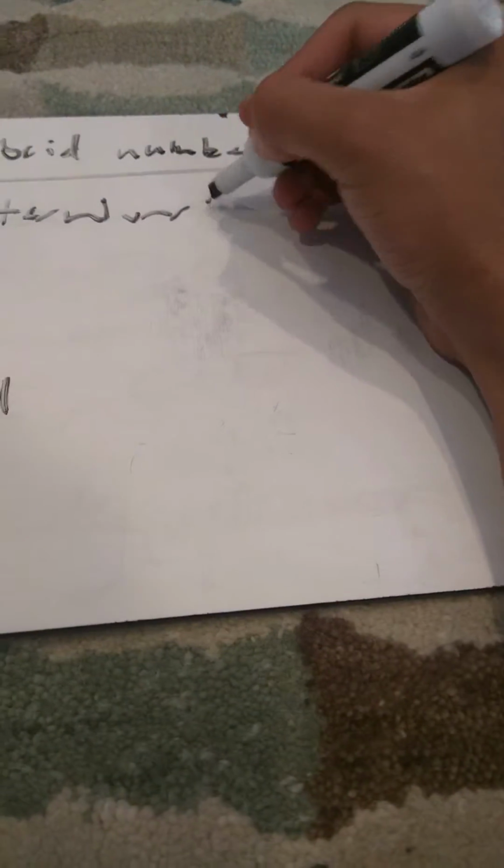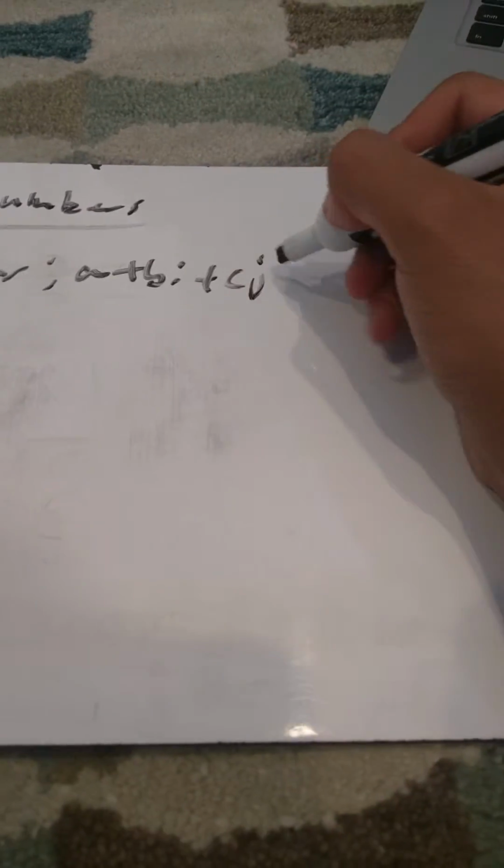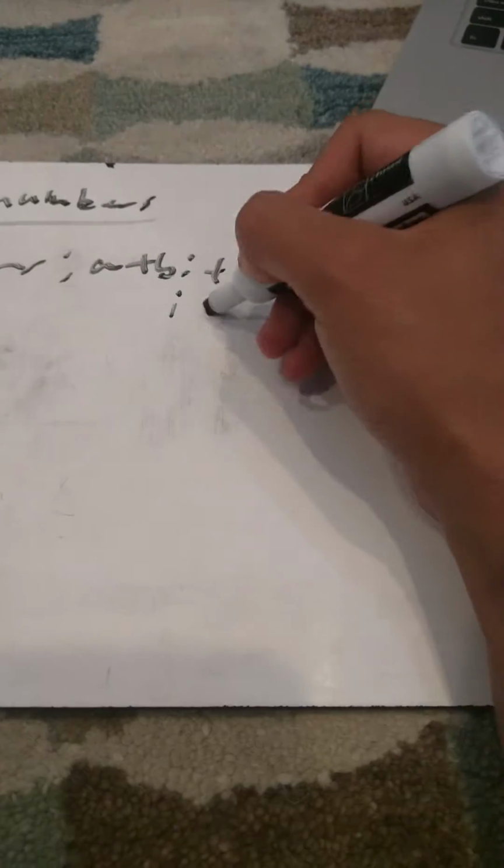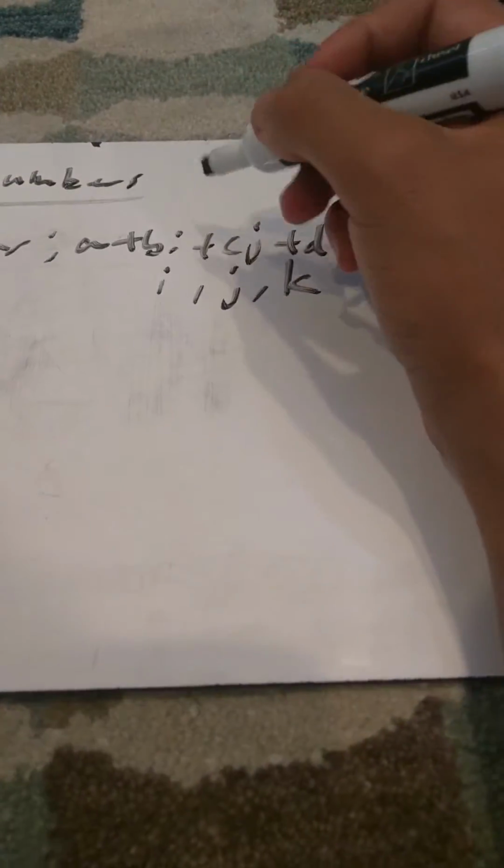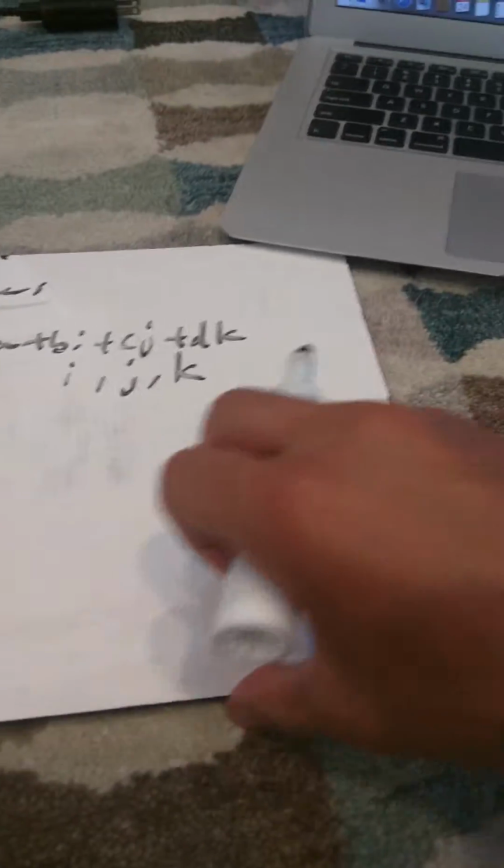Of course, quaternions are just numbers of the form a plus bi plus cj plus dk. i, j, and k are essentially like imaginary numbers, and a, b, c, and d are real numbers. Quaternions are useful, for example in optics and making video games. They're just useful for visualizing things.